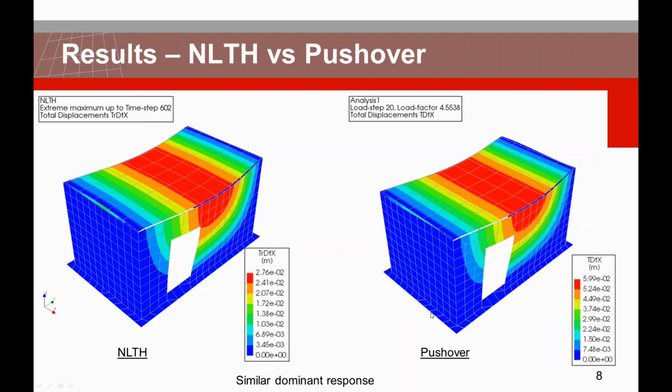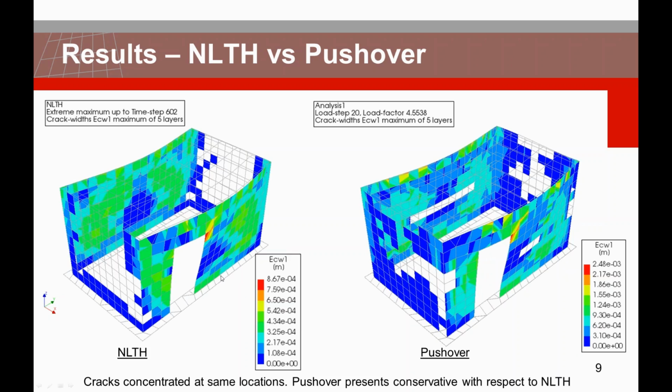And also, if we look at the cracks, on the left for the nonlinear time history, the maximum, and on the right the pushover, we can see cracks located at the same areas near the door gap. However, the pushover is conservative. It gives larger crack widths in comparison to the nonlinear time history.